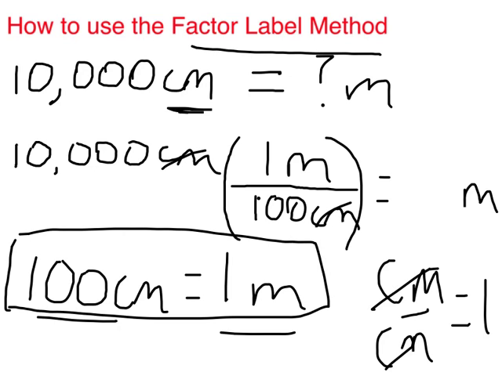So what I'm going to do in this case is take this number, 10,000, multiply it by 1, which is just 10,000, and then divide it by 100. 10,000 divided by 100 is 100 meters. And that, in a nutshell, is how you use the metric system to do basic conversions.